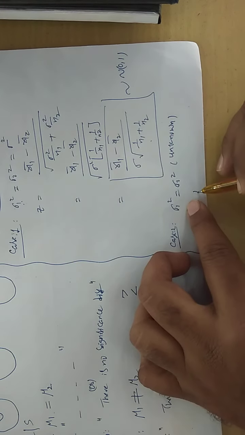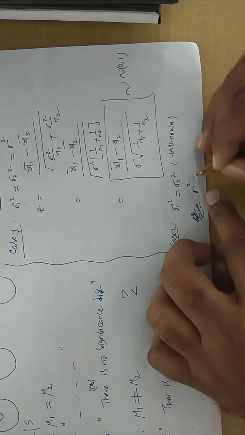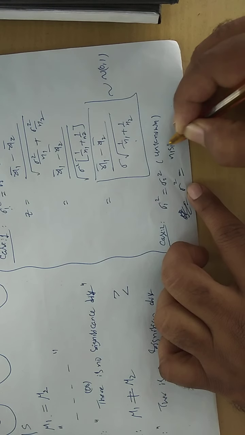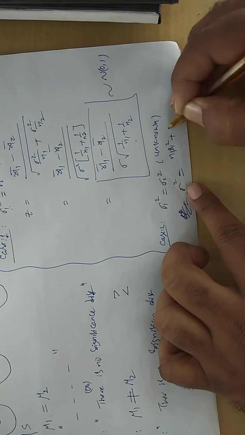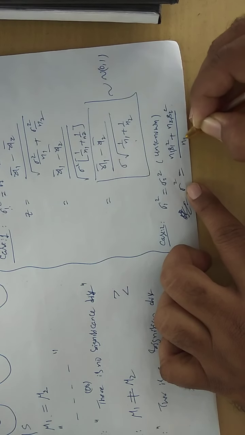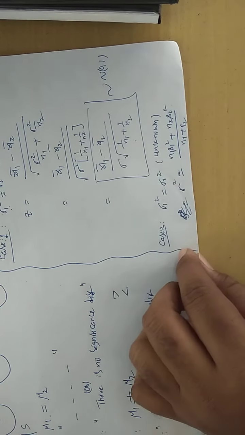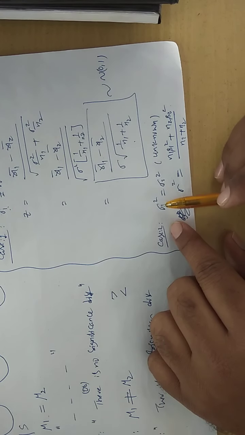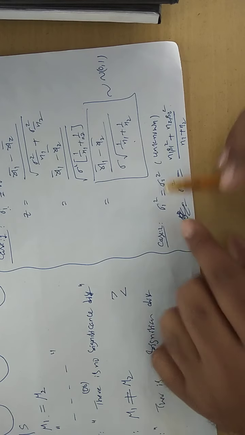Then sigma square is equal to, this is the formula you need to remember, n1 s1 square plus n2 s2 square whole divided by n1 plus n2. This formula will help you whenever both the variances are equal but unknown.